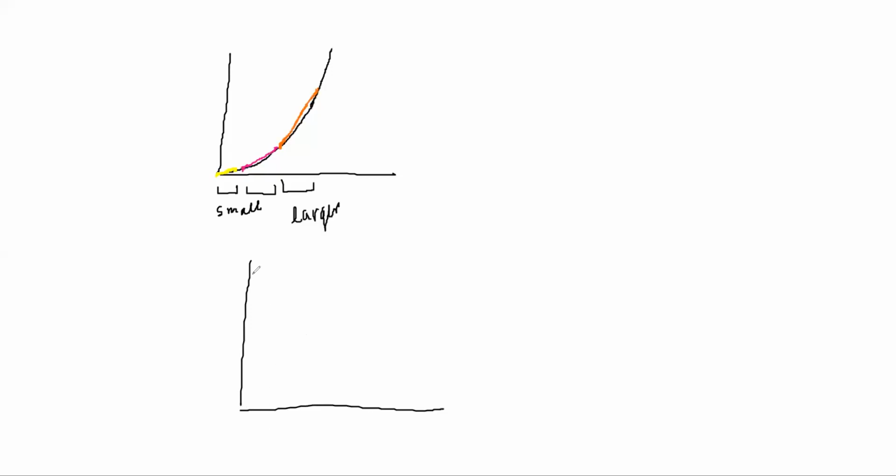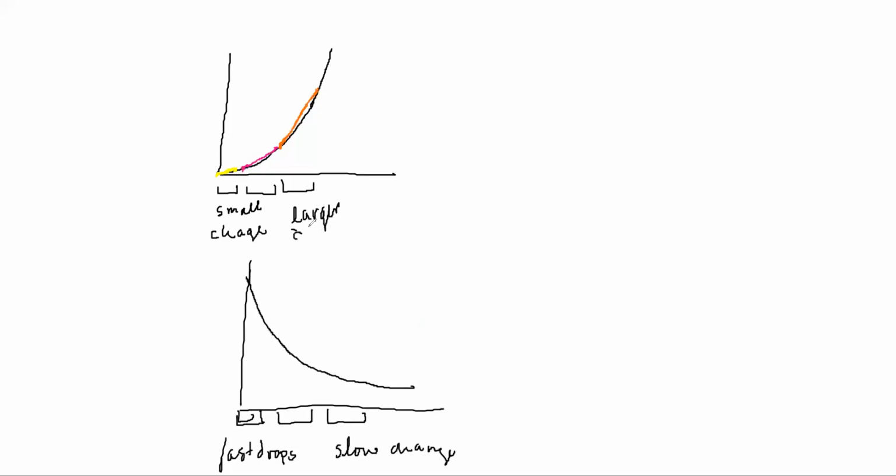In terms of decay, it's basically the same thing, but going in the opposite direction. So here we have fast drops, like it's getting very small very quickly, and then it gets slower and slower, and finally this is slow change. If you think about it in terms of changes, we start with a small change in growth, and it gets to be a big change. And then we start with a big change in decay that gets to be a small change.